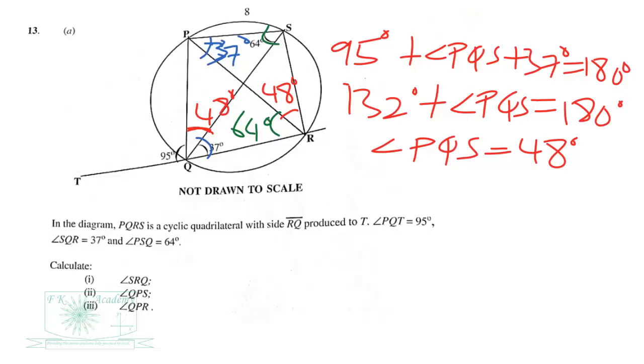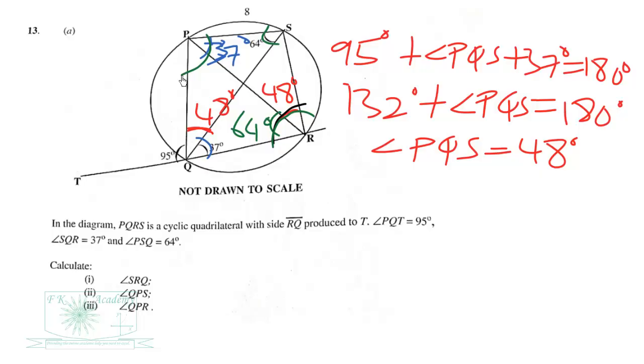So we are able to get the angle here, which is 48 plus 64. Since the quadrilateral PQRS is a cyclic quadrilateral, we know that this angle plus this whole angle will be equal to 180 degrees.